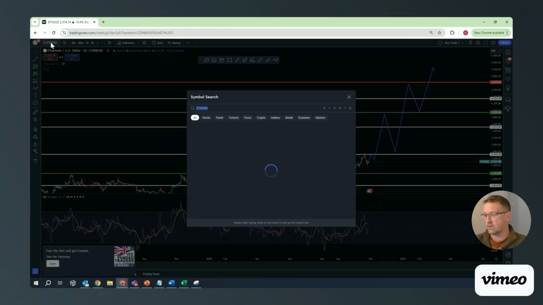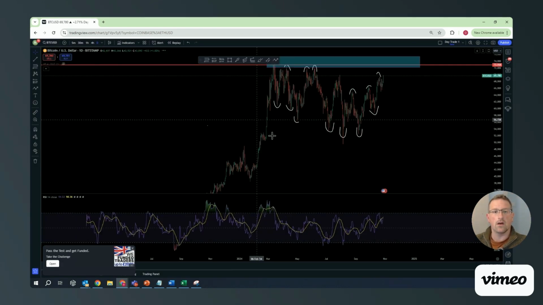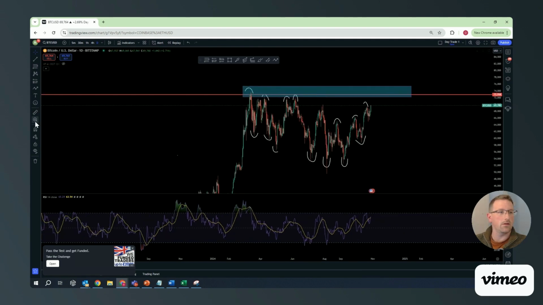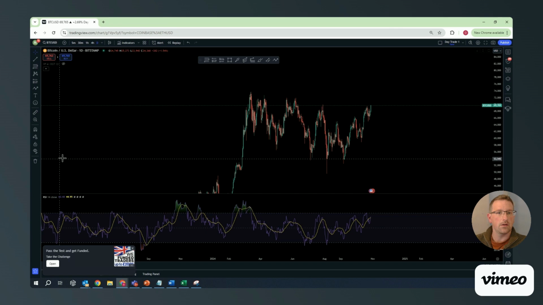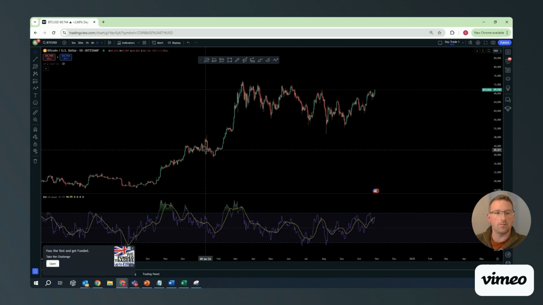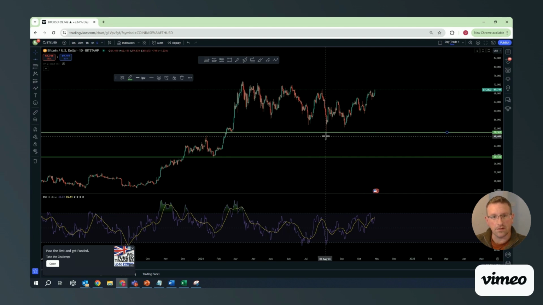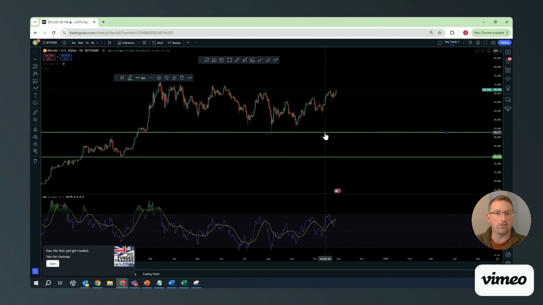And let's have a quick look at Bitcoin while we're here. I won't spend too long on this. But we can see we had this big move up. So if we were going to draw our support lines on here again, I would say there's a support line there. There's a support line here that's been retested and was strongly rejected from it.